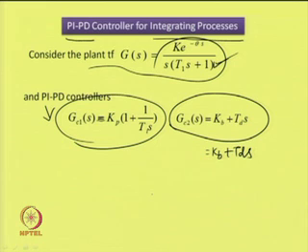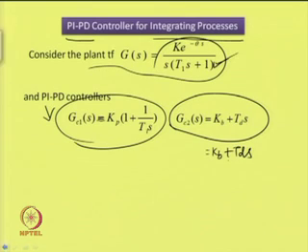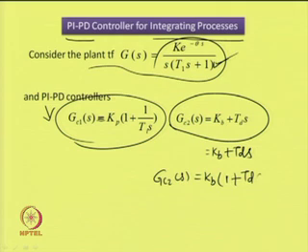But for ease in analysis of the closed loop system, it is often useful to assume the form of this controller GC2(s) as Kb times (1 plus TD s).